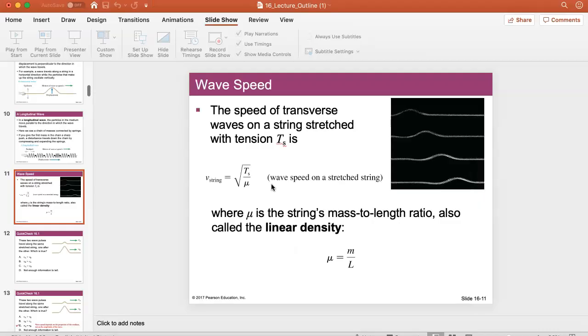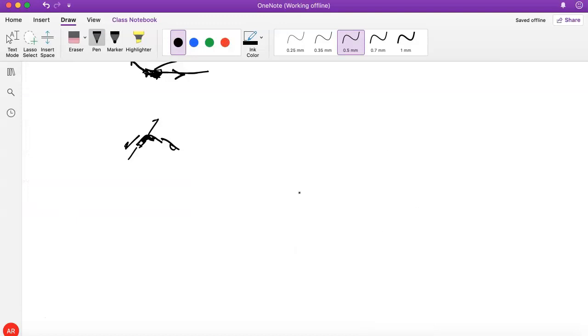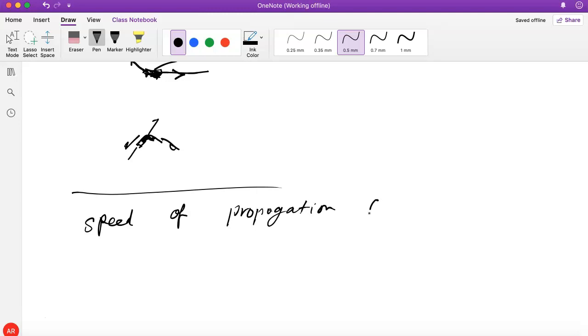So let's write this equation in the notes here. It's an important equation. So speed of propagation for transverse wave on string.